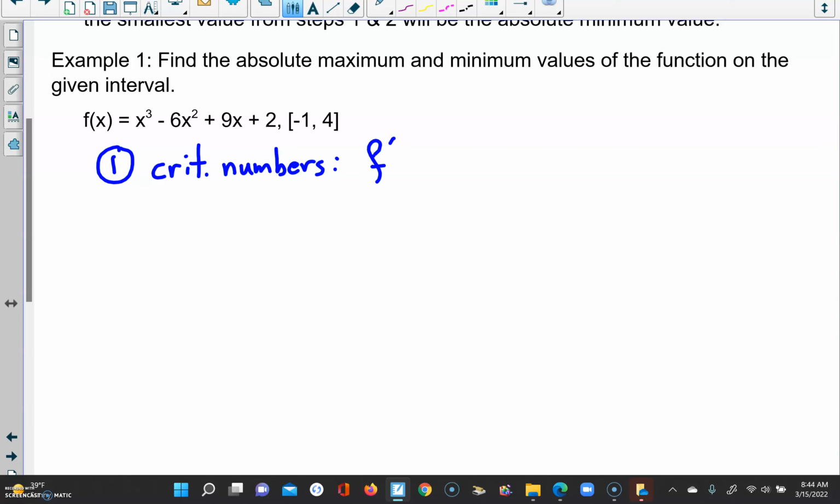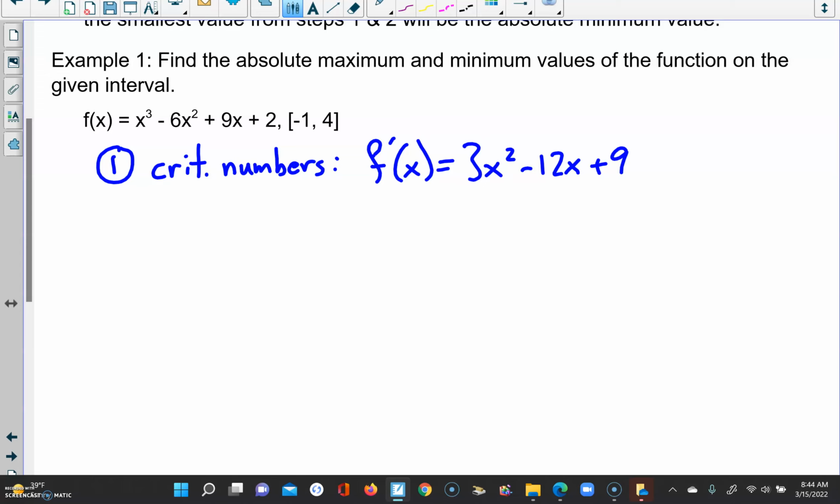So I'm going to first find f prime of x, and this will be 3x squared minus 12x plus 9. And the first thing I'd like to do is just check and see if there's any places where the derivative won't exist. In this case, it's a polynomial, and the domain is all real numbers.